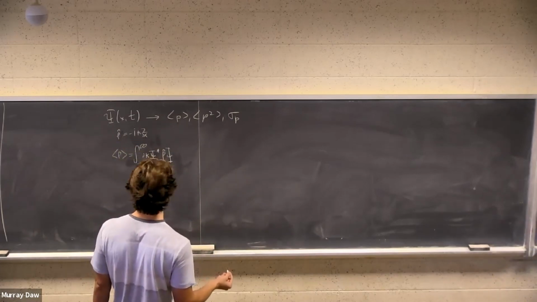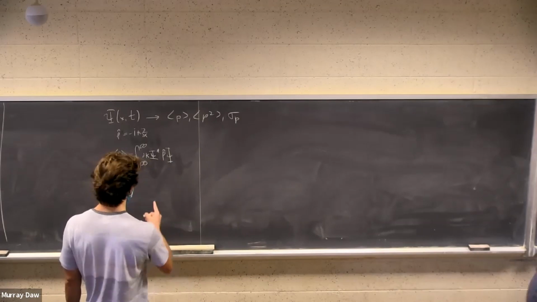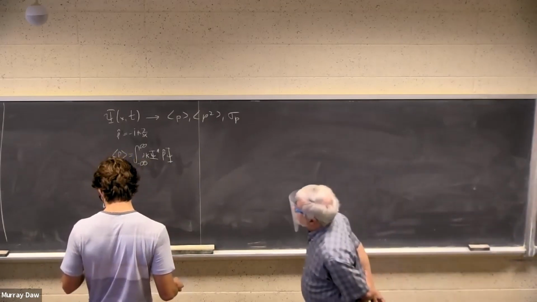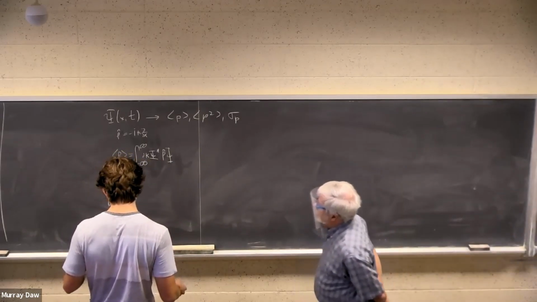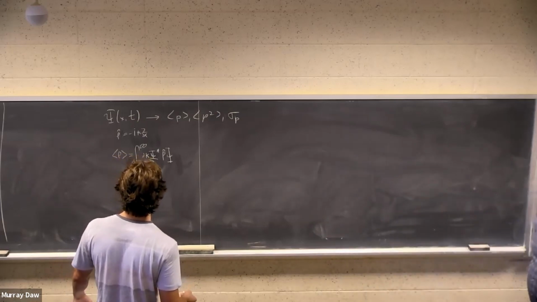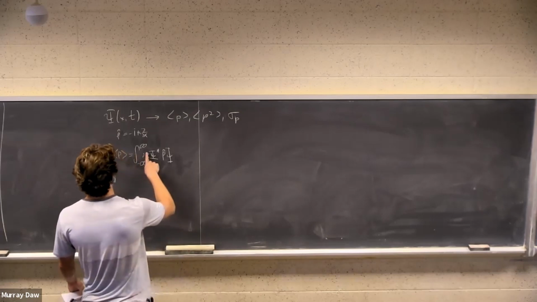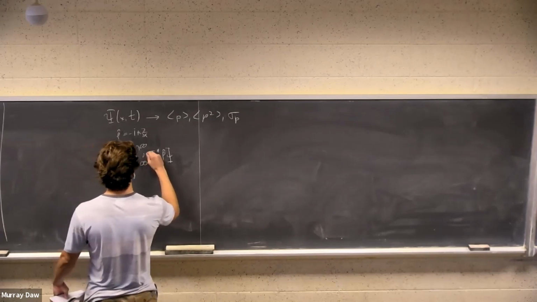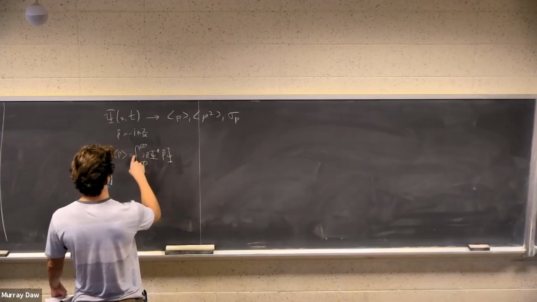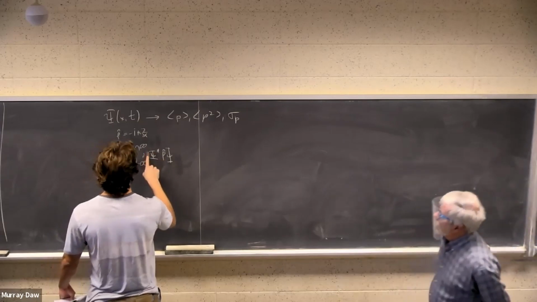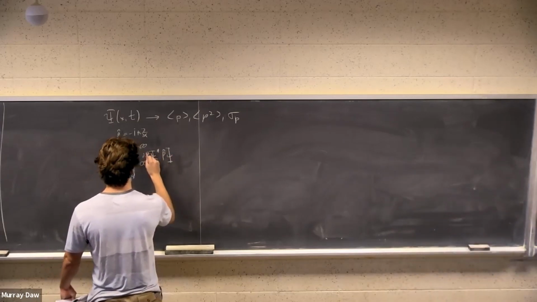I'll keep in mind p hat. Okay, but now you've written it as an integral over k. Right, it's an integral over x, because psi is a function of x.